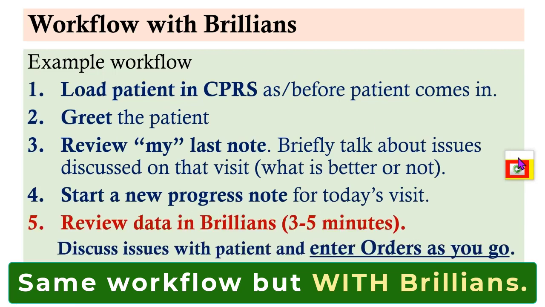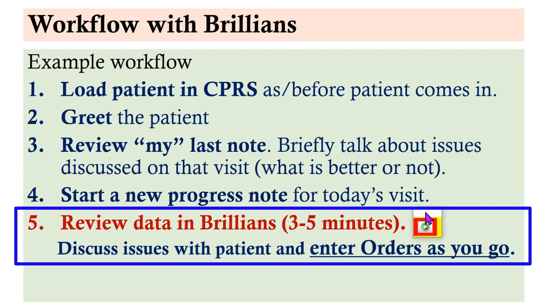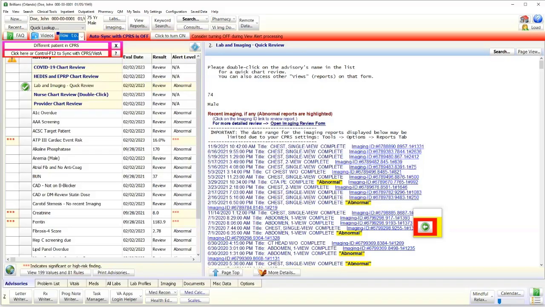And number 5, when we come to data review, we review that data not in CPRS, but we review that data in Brilliance. So here, I'm going to come to a patient, take the patient's history and say, okay, what do you have, and the patient may say, I have a skin rash I want you to look at, I have a joint pain I want you to talk to, and so, okay, all right.